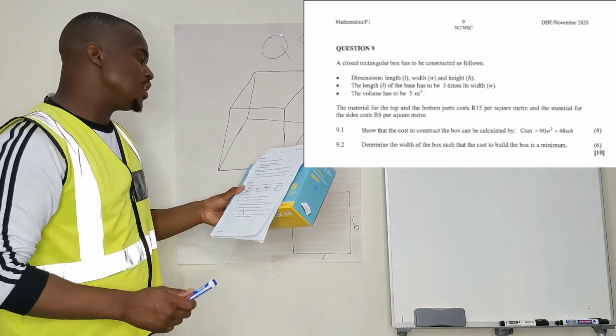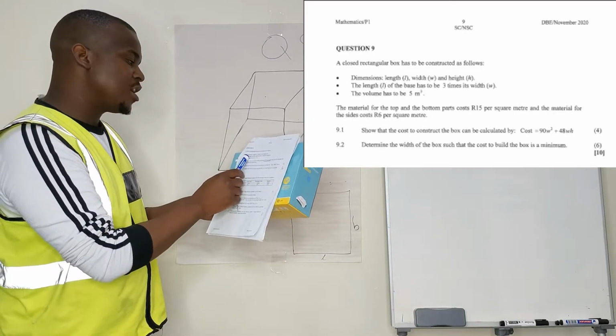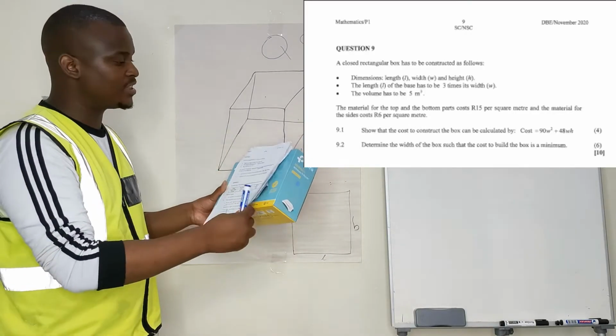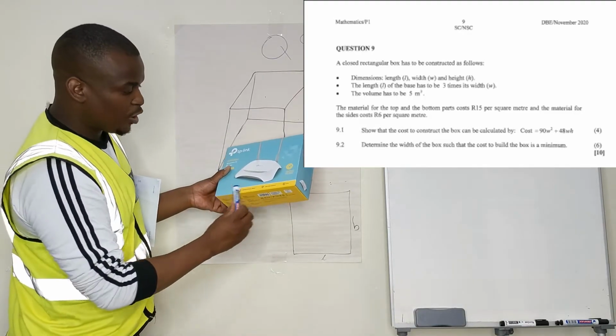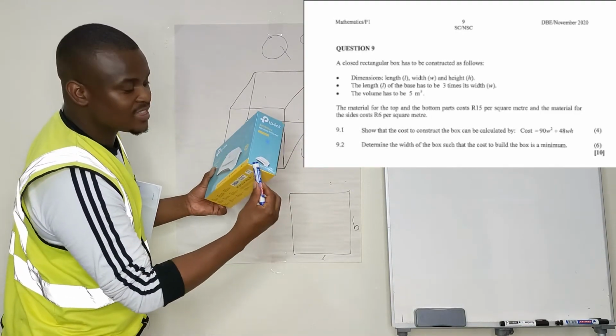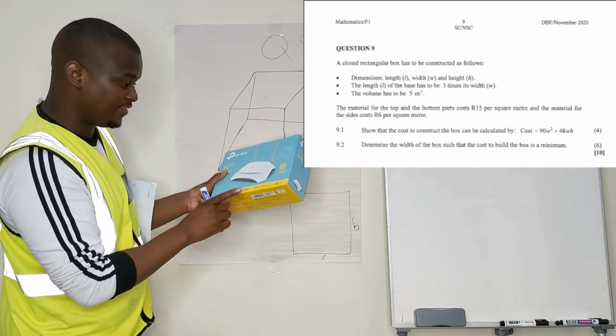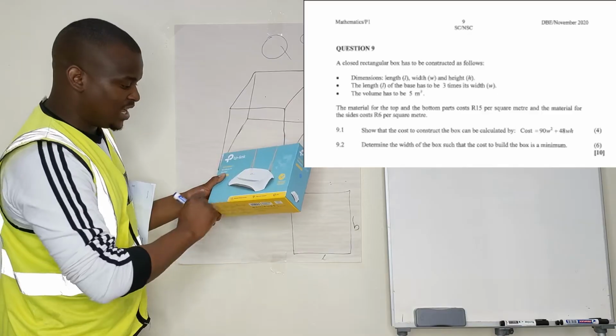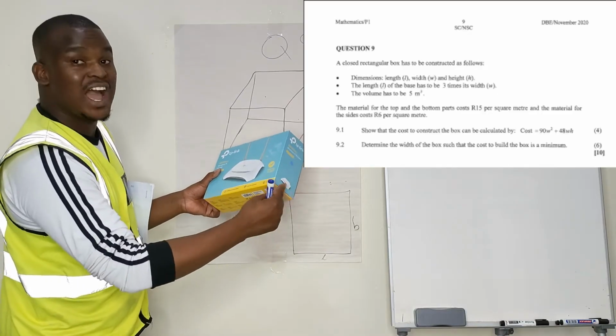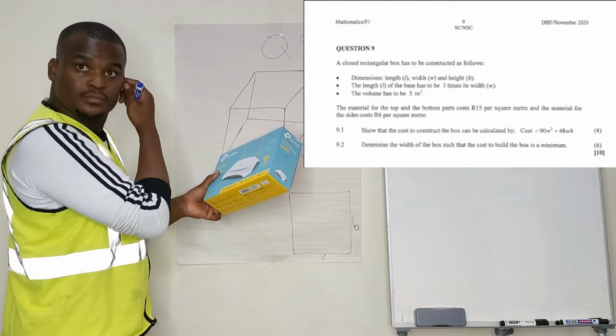You are told that the length of the base has to be 3 times the width. So if this is 1 meter, this has to be 3 meters, because the size of our length should be 3 times that of the width.